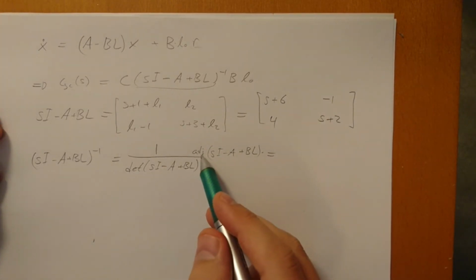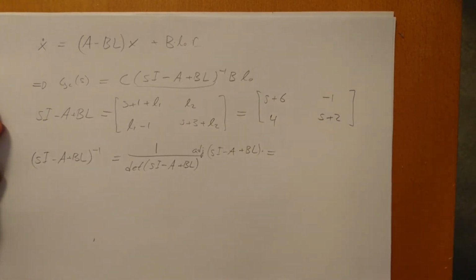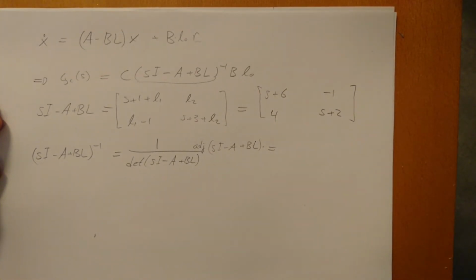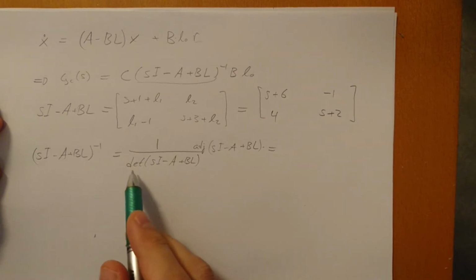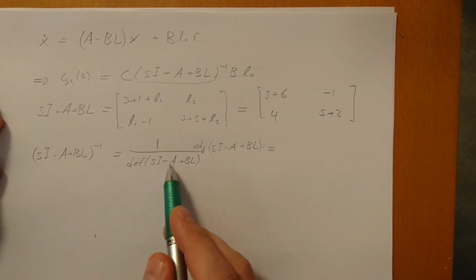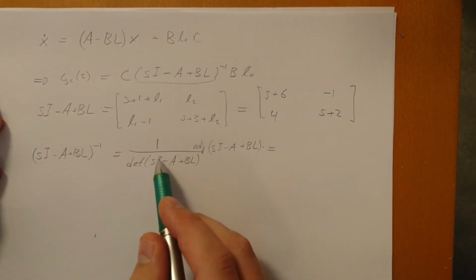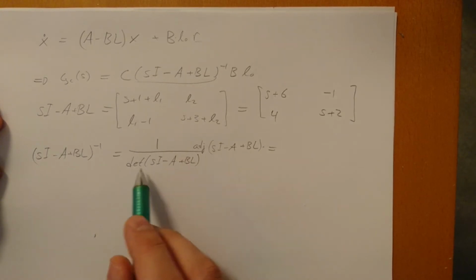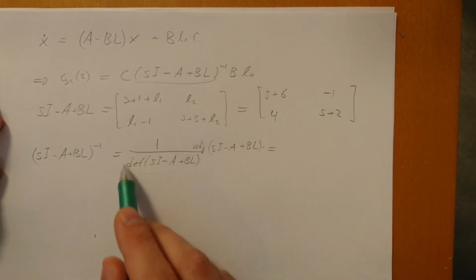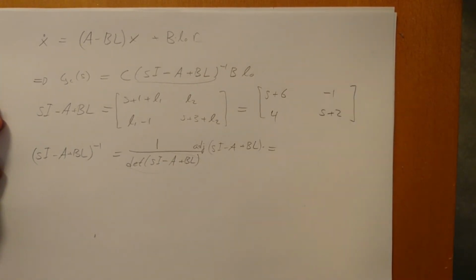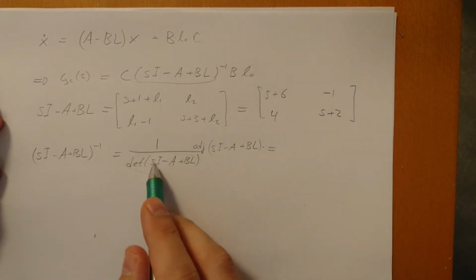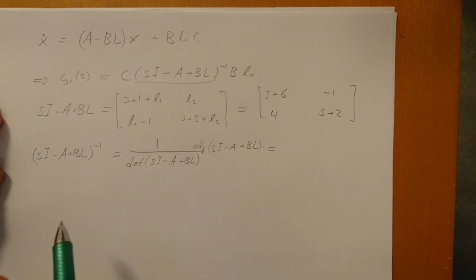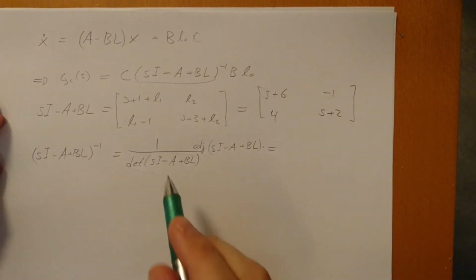Sometimes it's also denoted with a star. It's not a completely consistent notation. Anyway, you see here that the determinant of sI minus A plus BL is down here in the denominator. That's why this is giving us the pole polynomial. So we used this expression earlier to form the expression for the pole polynomial, and this is the explanation.